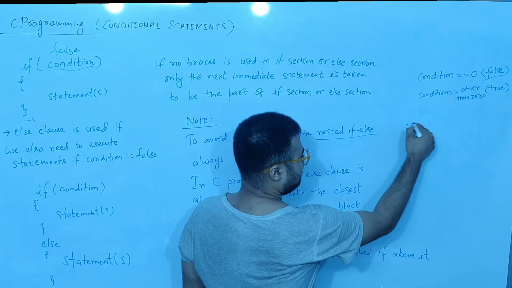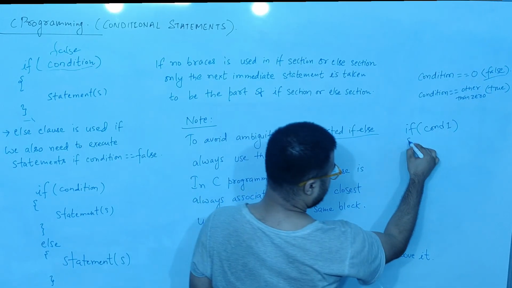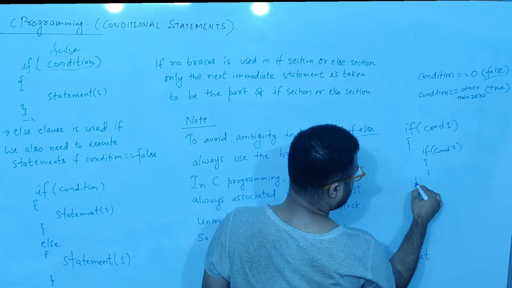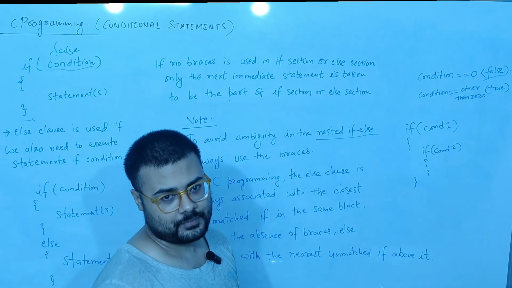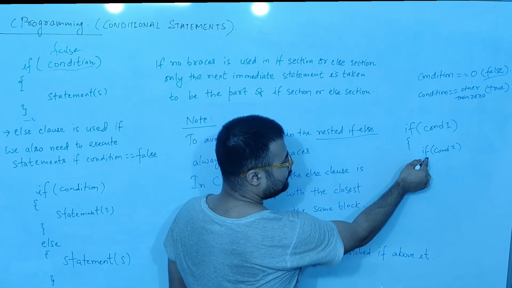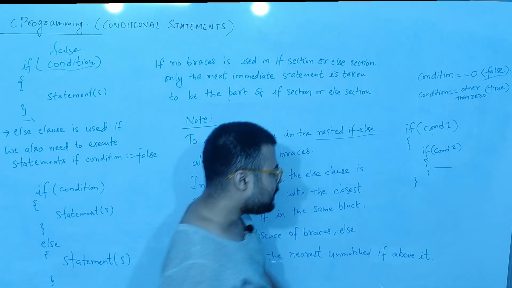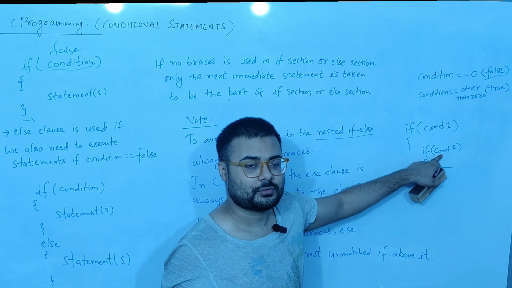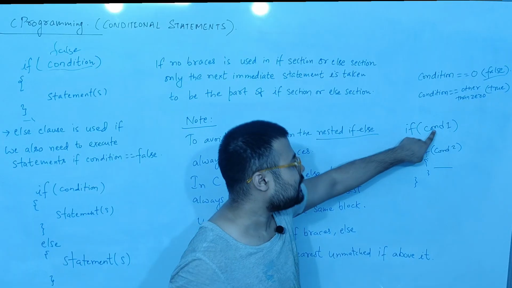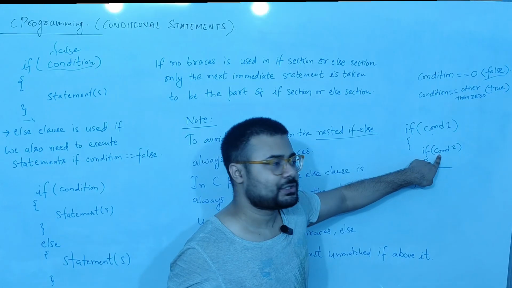For example, if condition 1, if condition 2, this is just one nested if block. It means that you will get inside this if block if condition 1 is true, and then you will execute the statements in the inner if block only if condition 2 is true. So first you get inside the outer if only if condition 1 turns out to be true, and then you execute these statements only if condition 2 turns out to be true.